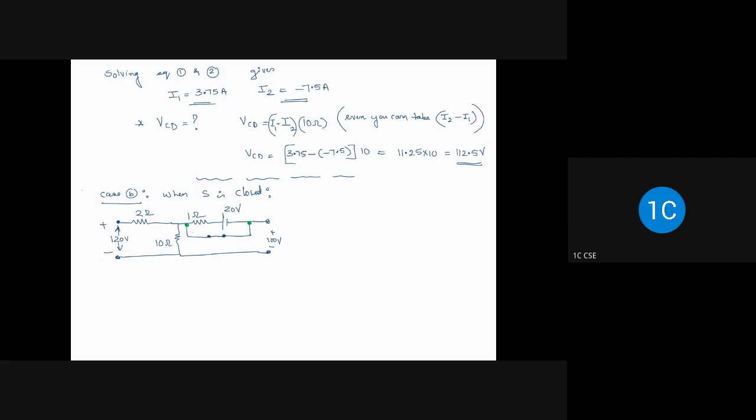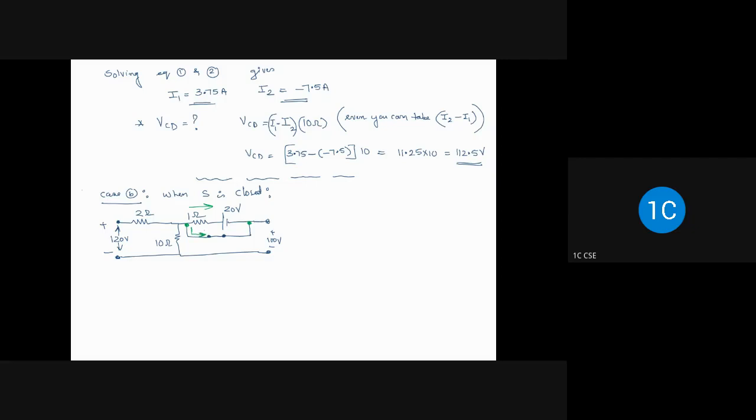Now, whenever there is a short circuit, what happens to the current flow? Will there be any current flow through the upper path? No, sir. The short circuit phenomenon bypasses the entire current through this downward path.